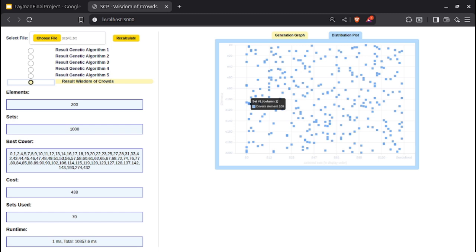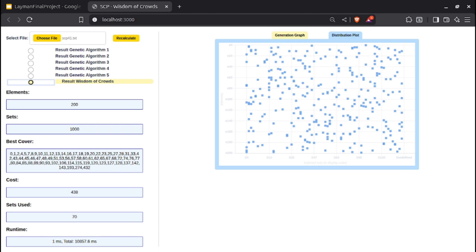So for example, right here, it looks like set 1 is covering element 109, and set 2 is also covering 109. So if we were to look into each of these, we're going to see that set 1 and 2 are probably also each covering an element that isn't being covered by any other set, or else they would have been removed for being redundant.